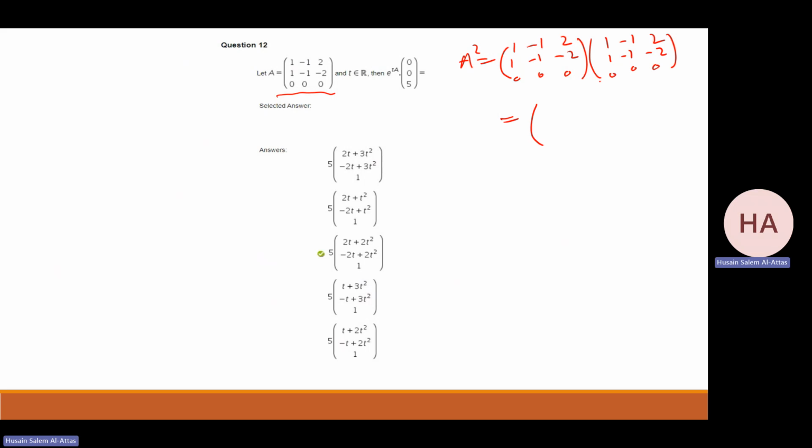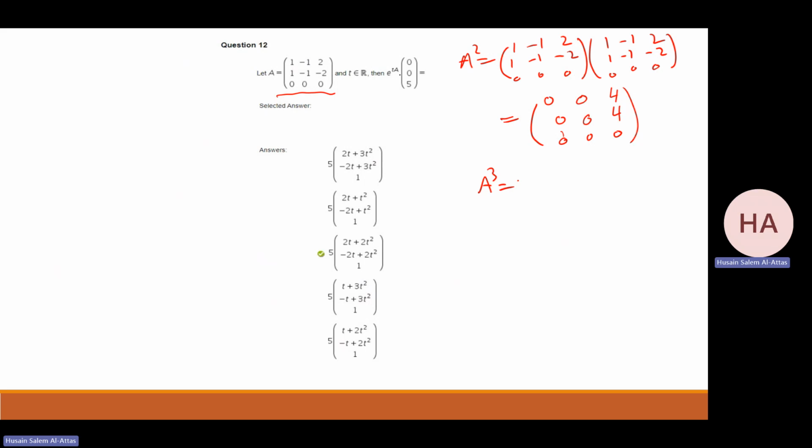First row times first column, that will be 0, 1 minus 1 plus 0, minus 1 plus 1 plus 0. Here, be careful, 2 plus 2 plus 0, that will be 4. Then 1 minus 1 plus 0 is 0, minus 1 plus 1 plus 0 is 0, and 2 plus 2 is 4 again. Now for sure this will be 0, 0, 0.